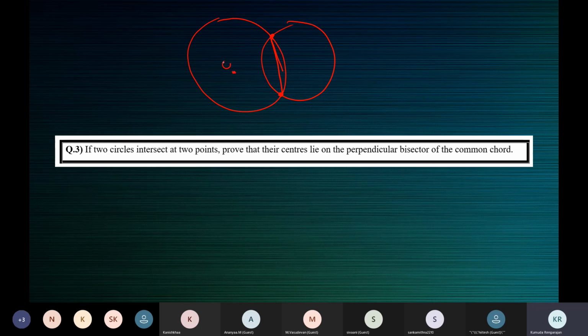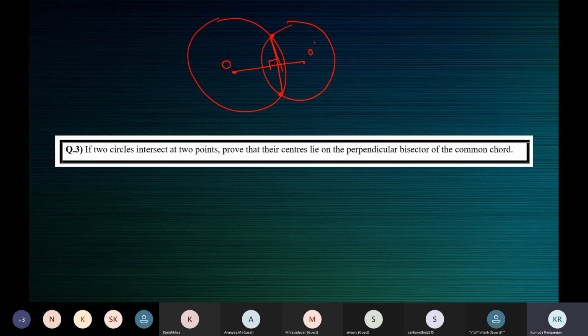So this is the center of one circle. O is the center of the first circle, O dash is the center of the second circle. We need to prove that OO dash is the perpendicular bisector of the common chord. We need to prove that OO dash is perpendicular to the common chord. Also, OO dash bisects the common chord.